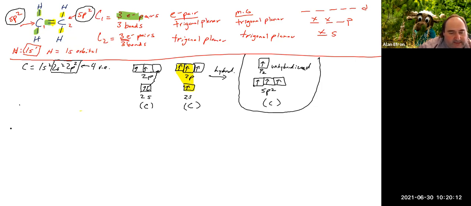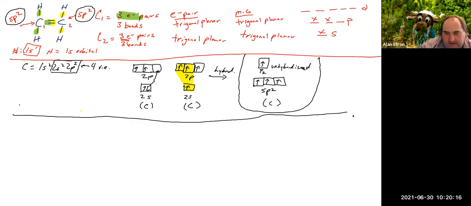So again, I'll draw a little line here. All right, move a couple of things out of my way. There you go. So what I'm going to do now is just draw really my hybrid orbitals, right? So in my hybrid orbitals, in this case, I have my 3 sp2 hybrid orbitals, which again, each have 1 electron involved.